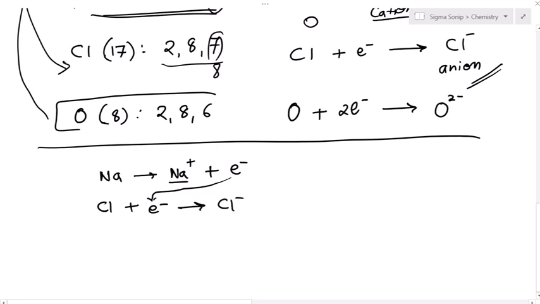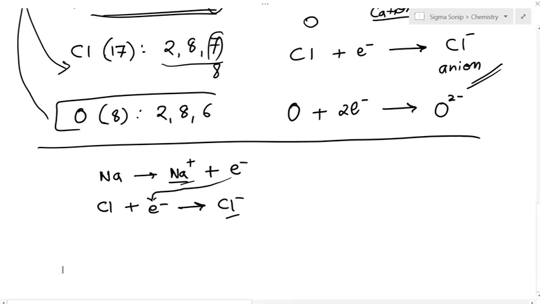These two ions are oppositely charged, one positive and the other negative, so they have a very strong force of electrostatic attraction between them, and because of this strong electrostatic force they are held together, and this is an ionic bond.